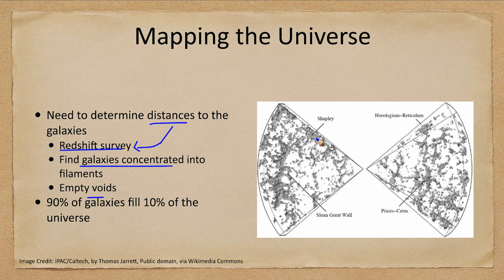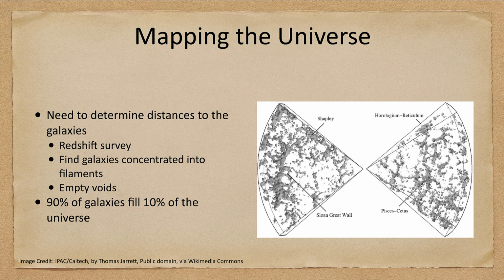The darker areas are areas of galaxies, and there are also large voids, regions where there are no galaxies, or at least very few galaxies. And what we find is that 90% of the galaxies fill only 10% of the universe, meaning, as we looked at early in this class, the vast majority of the universe is very, very empty.